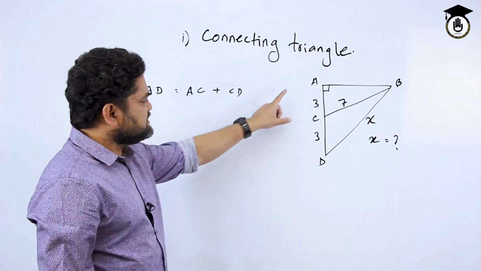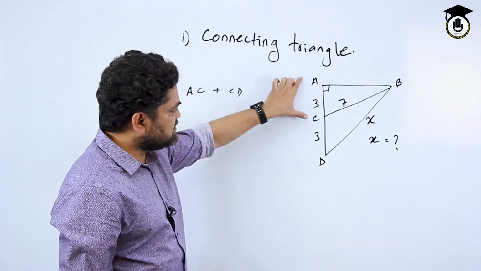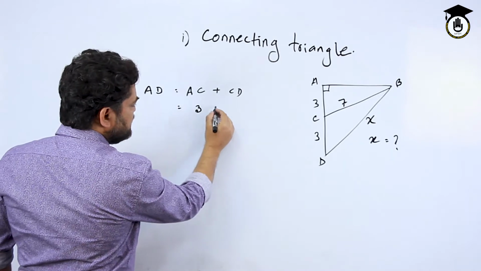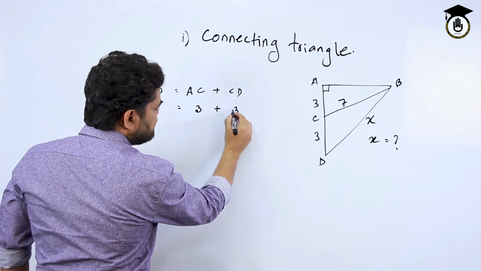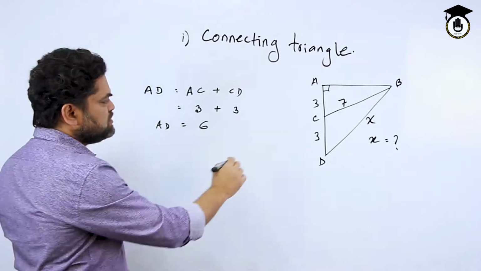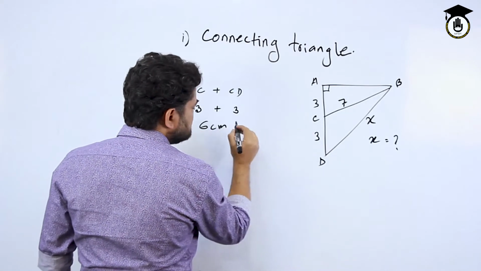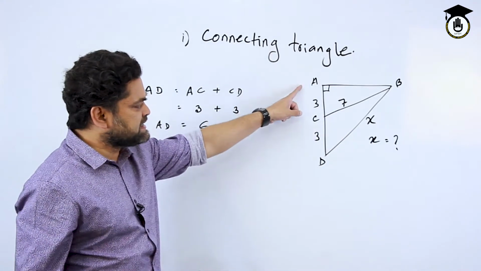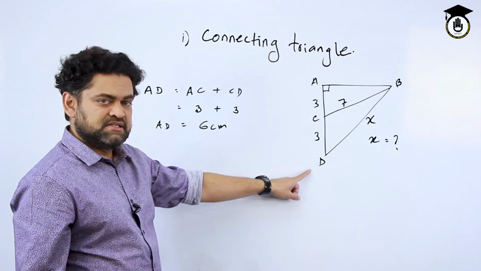Combined, they make AD. AC is 3 and CD is 3, so AD is 6. You can give units: 3 centimeter plus 3 centimeter means AD length is 6 centimeter.